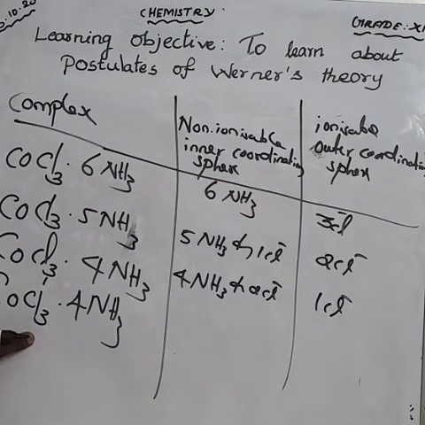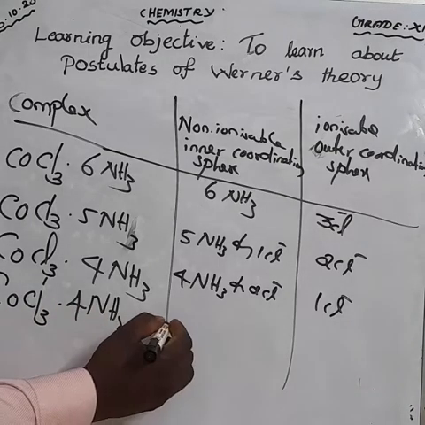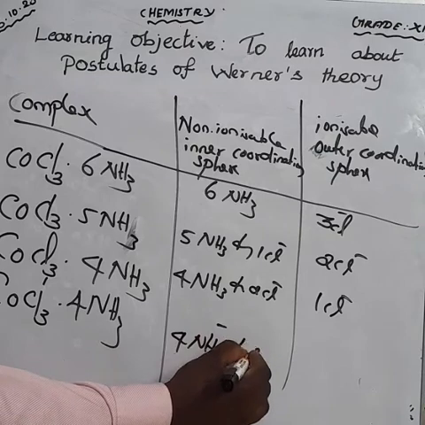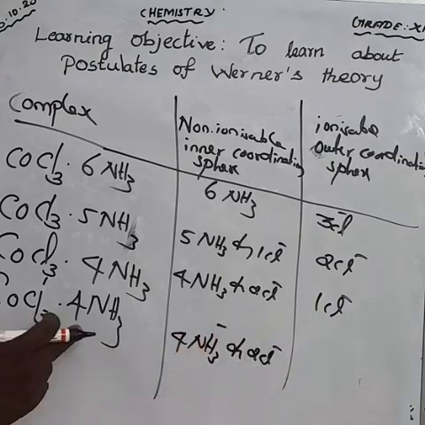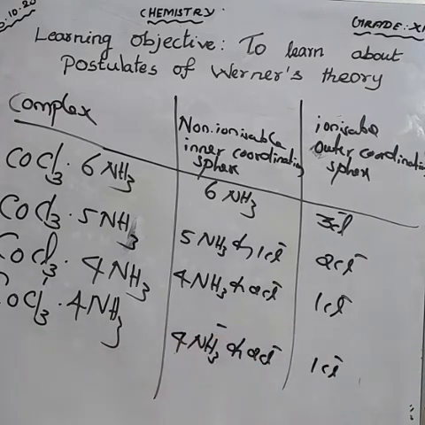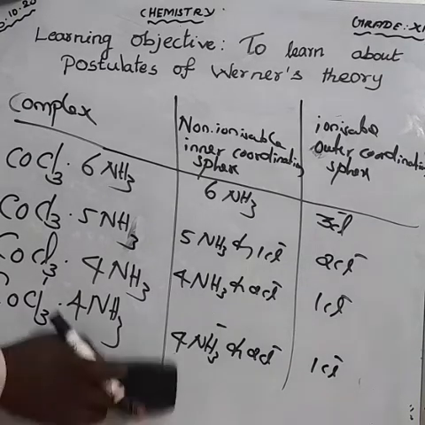Here also it is the same: 4 ammonia and 2 Cl minus ions, 4 plus 2, 6, but the remaining one is a Cl minus ion. This table illustrates the Werner postulation.